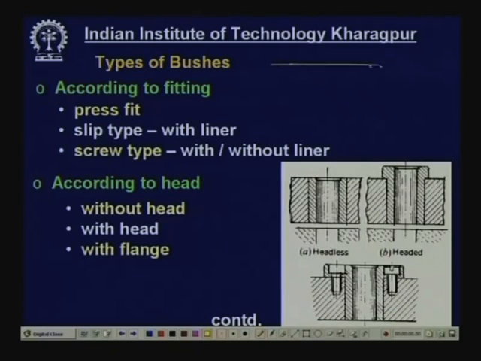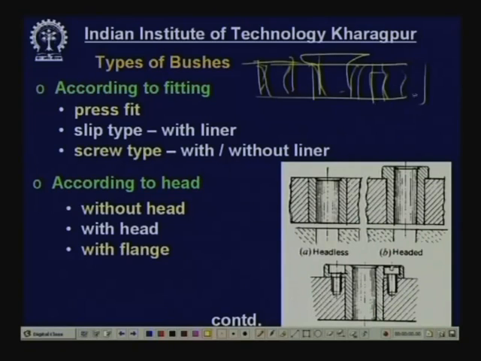Press fit type is simply a bush pressed inside the bracket; slip type is a liner bush and then within that another bush. Screw type will be fitted by screwing either directly or within another liner, according to head: either no head, or with head, or with flange head, which are clamped by screws.